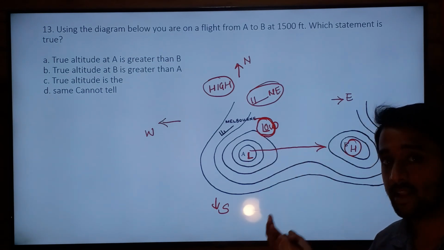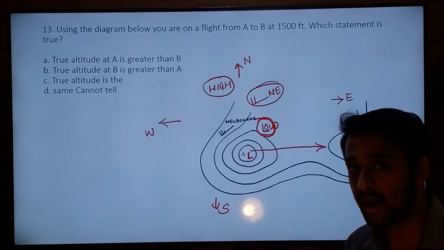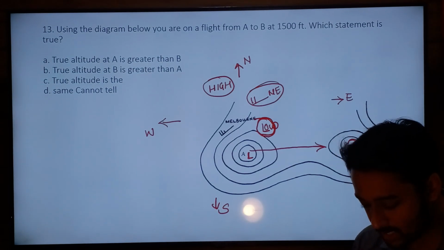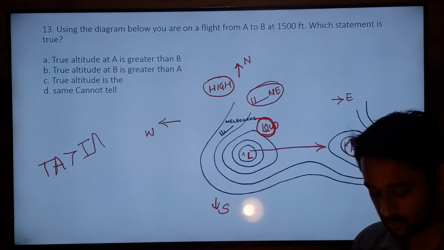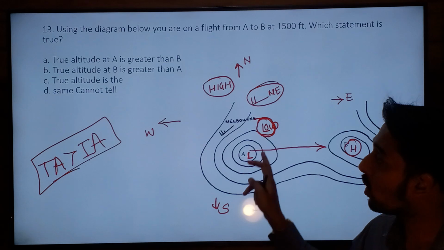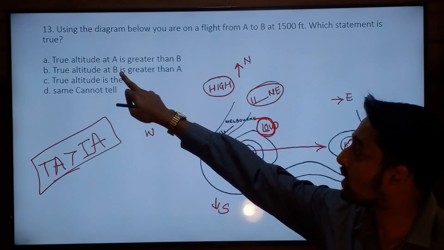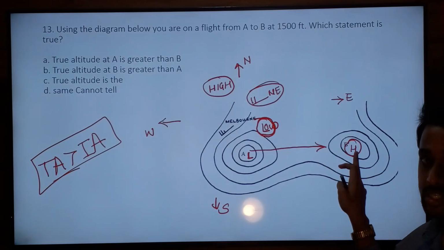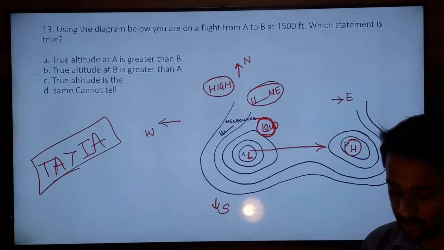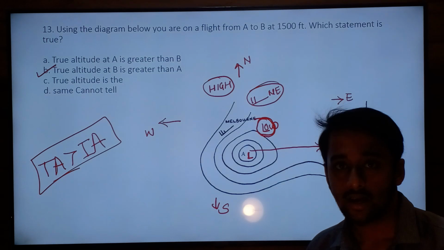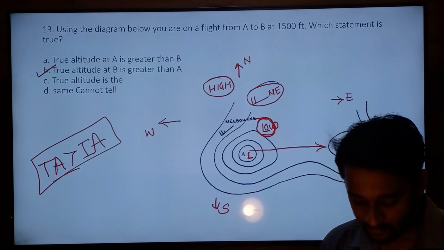When you go towards a higher pressure region, your true altitude is more than your indicated altitude. So what is the correct option? B is higher pressure compared to location A, so the true altitude there will be more than at A.